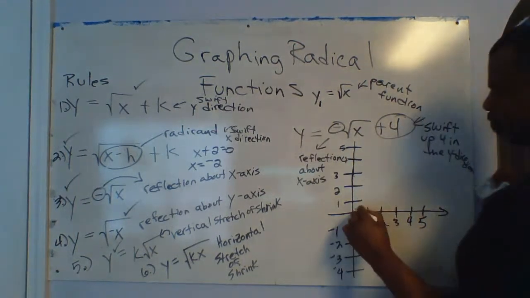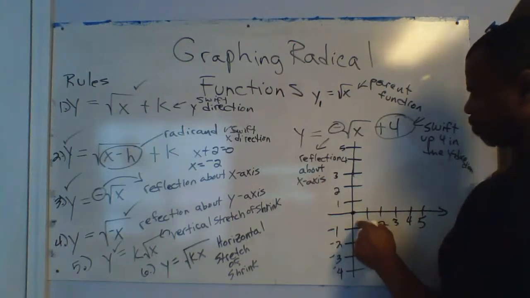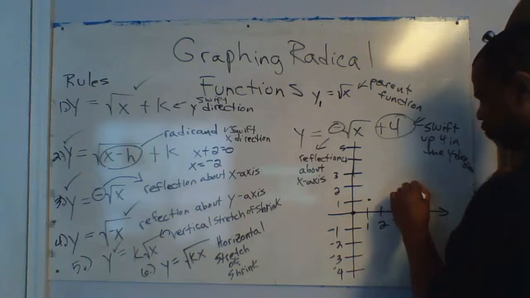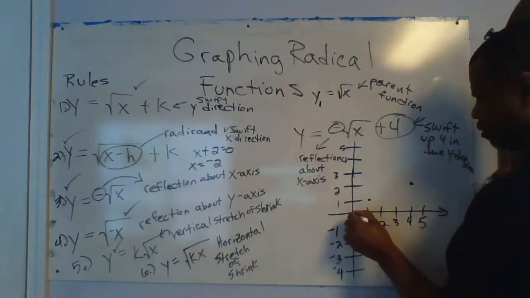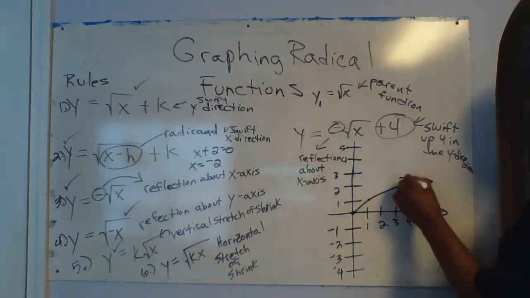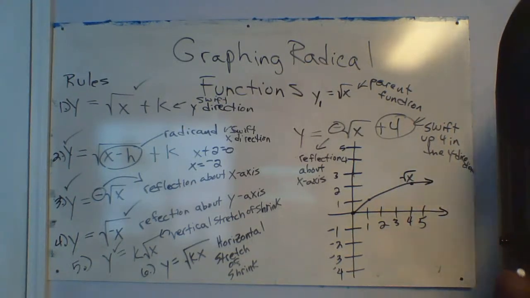All right. So the parent function is going to be 0, 0, 0, 1, 1, 4, 2. So that's the parent function. All right. So this is the square root of x.